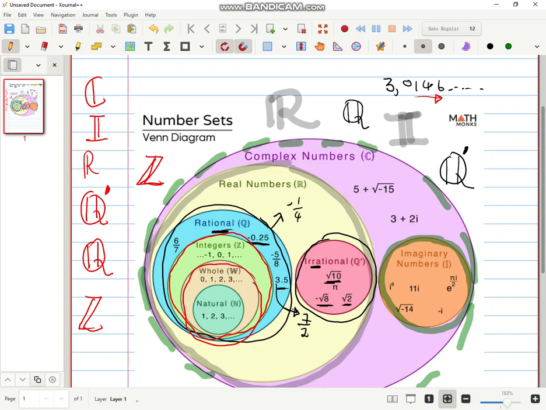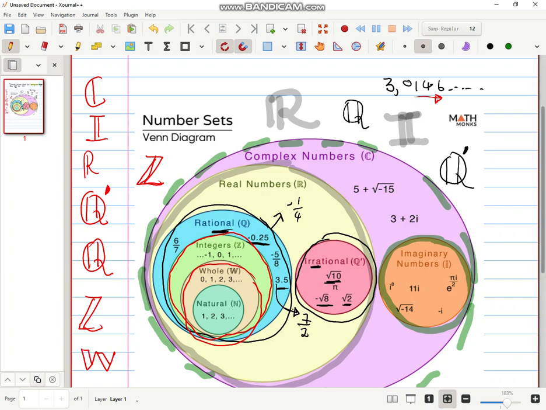Okay, so when we go inside the integers, we have what are called whole numbers. Whole numbers start from 0 up until positive infinity. So whole numbers are your integers except for negative numbers and so forth, right? So they are represented by W of this kind.